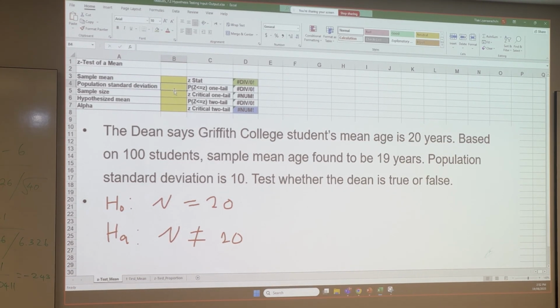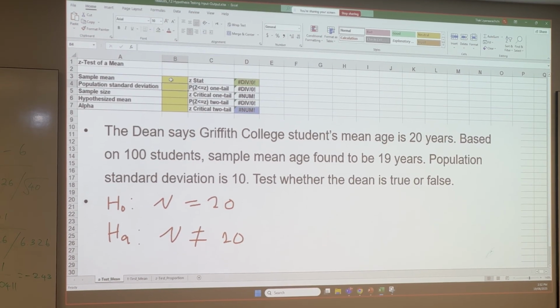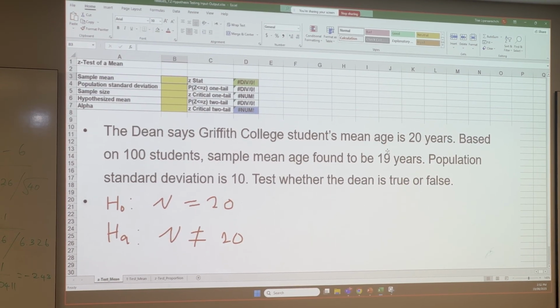So if you couldn't follow, this is how you do it. The sample mean is 19, if you read the question. Standard deviation is 10, because you can see it's given here. Sample size is 100.